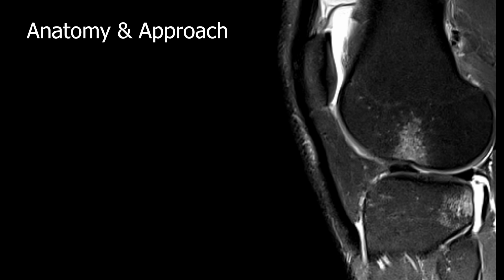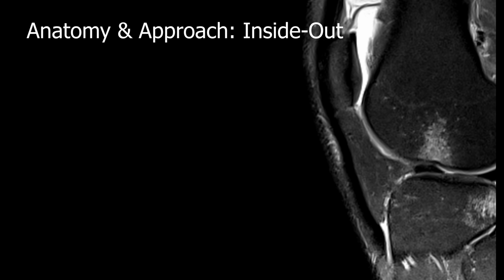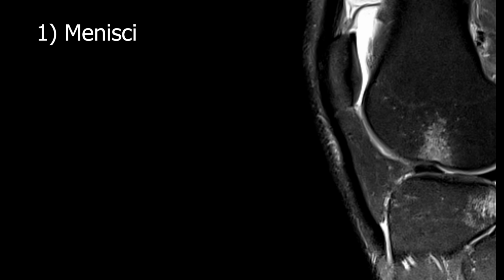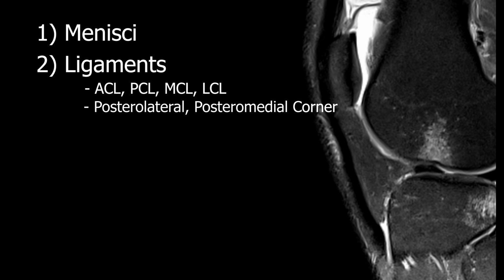Okay, now that we've covered the basic sequences, let's move on to think about anatomy and our approach to a knee MRI. I utilize a modified inside-out approach when reviewing the knee MRI, and I'll be looking at the structures in the following order. First, I look at the menisci, then the ligaments, including the ACL, the PCL, the MCL, and the lateral collateral ligament complex, along with the posterolateral and posteromedial corner structures.